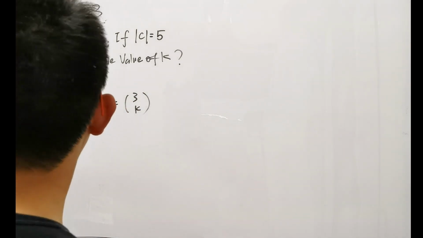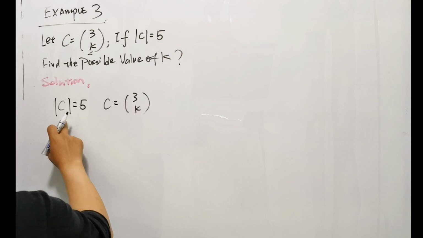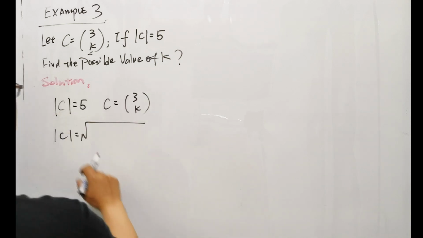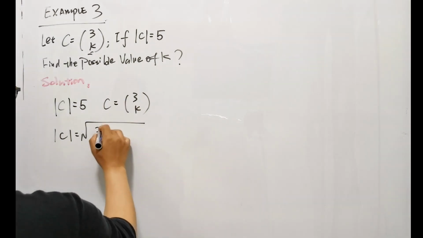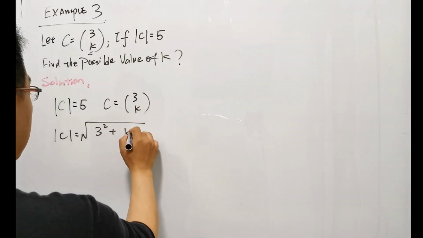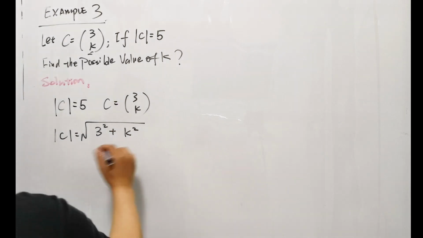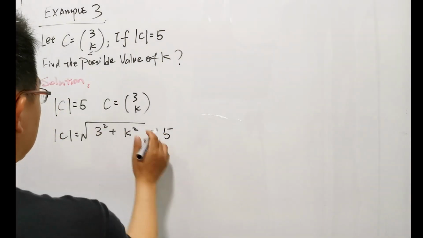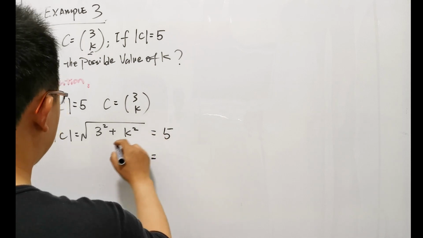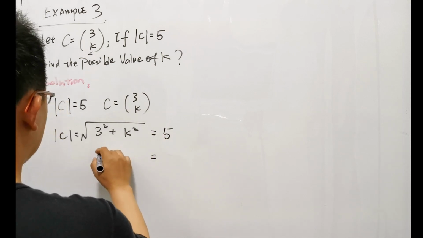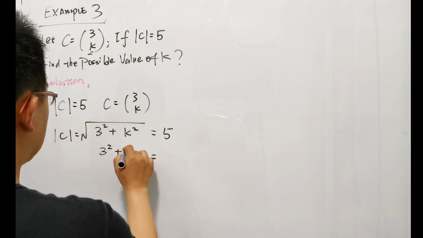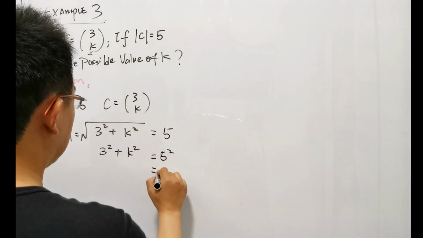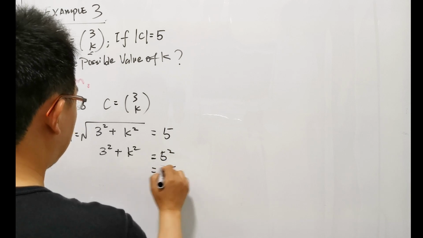The magnitude of c equals the square root of x squared plus k squared, and from here we know it equals 5. Then we make both sides squared, so 3 squared plus k squared, and 5 squared is 25.